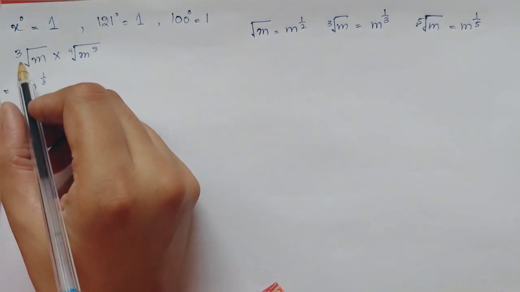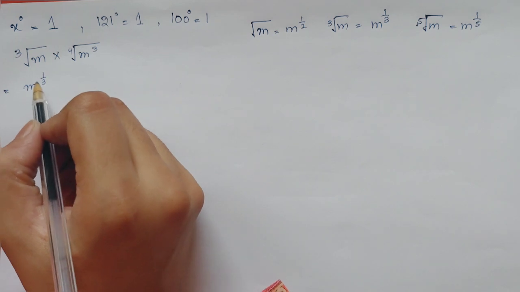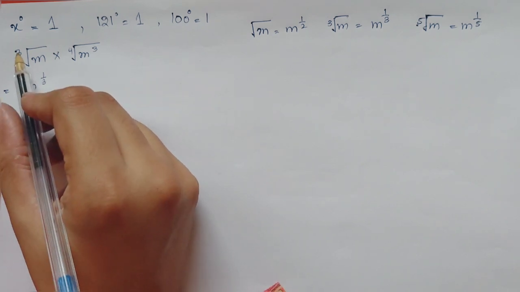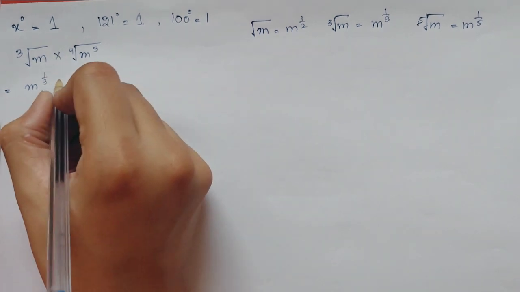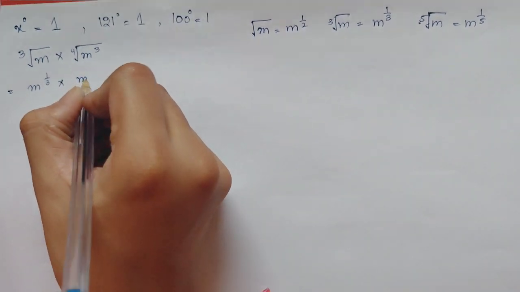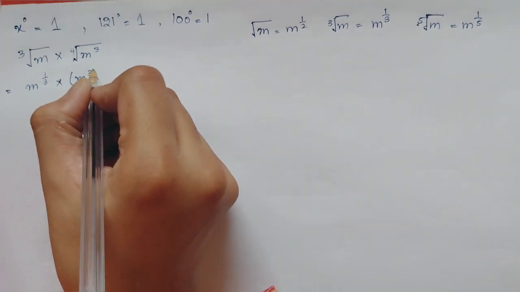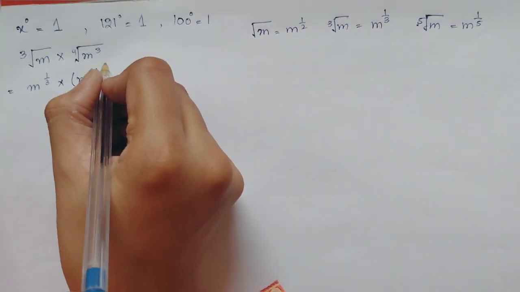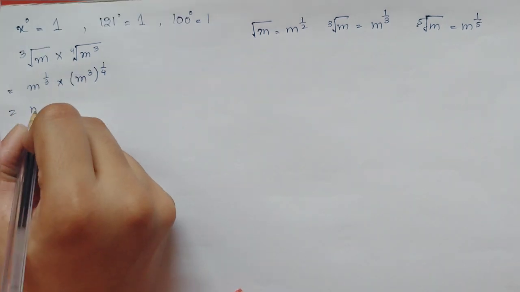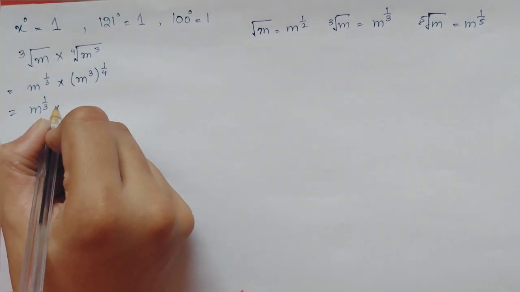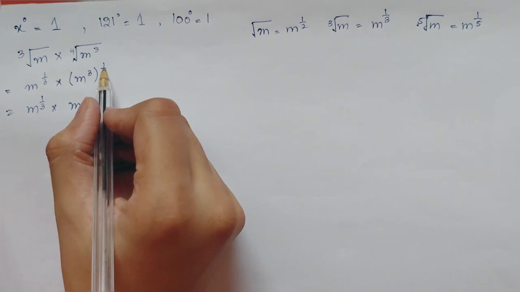Next, we are solving our question. We have the cube root of m, so I write it to the power 1 by 3, multiplied by m power 3, and this is the 4th root, so I apply brackets and put the power 1 by 4. It is equal to m power 1 by 3 multiplied by m power 3, then bracket power 1 by 4.